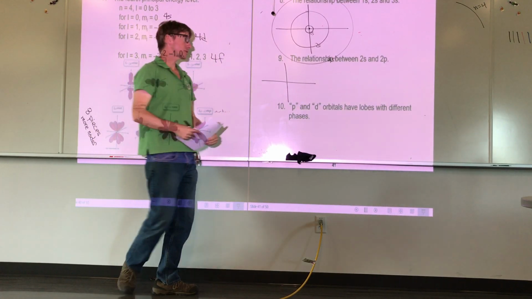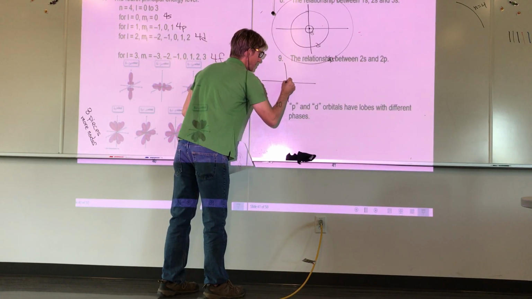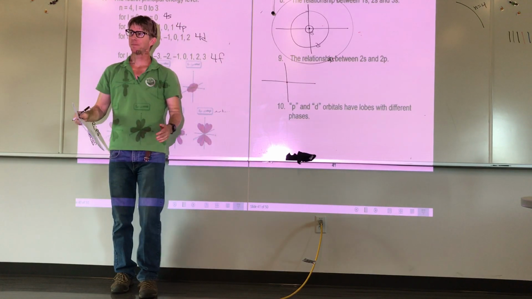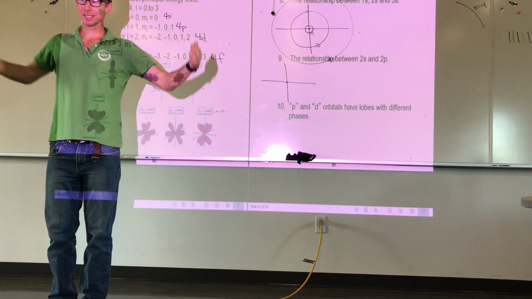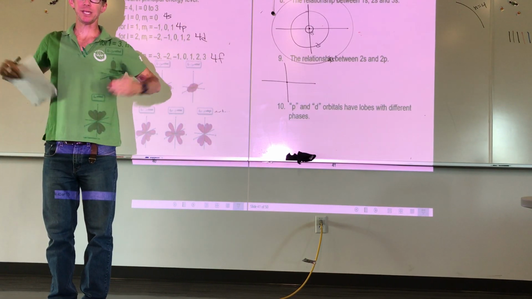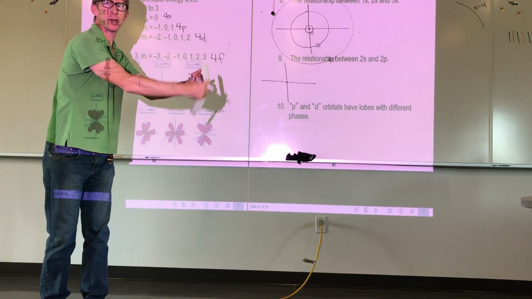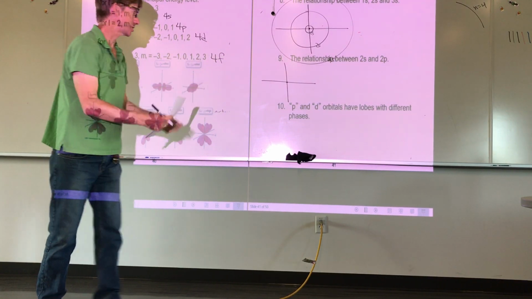Now I'll do the same thing for 2s and 2p. And the thing that I want you to remember is that 2s and 2p end at approximately the same distance from the nucleus.